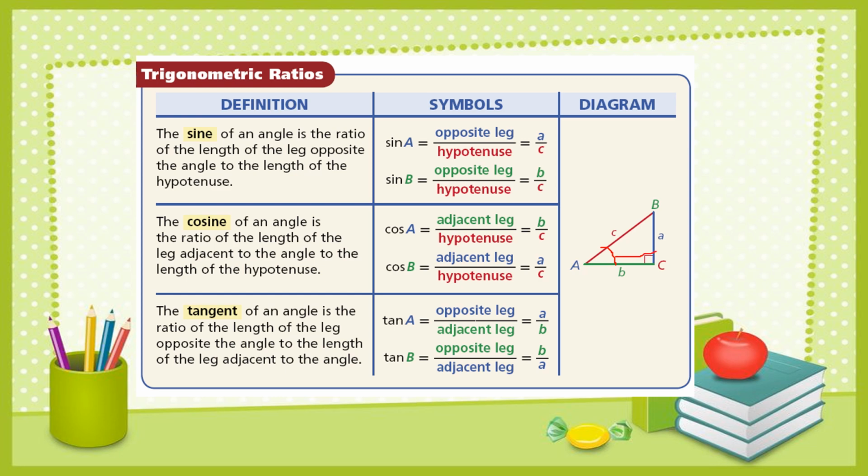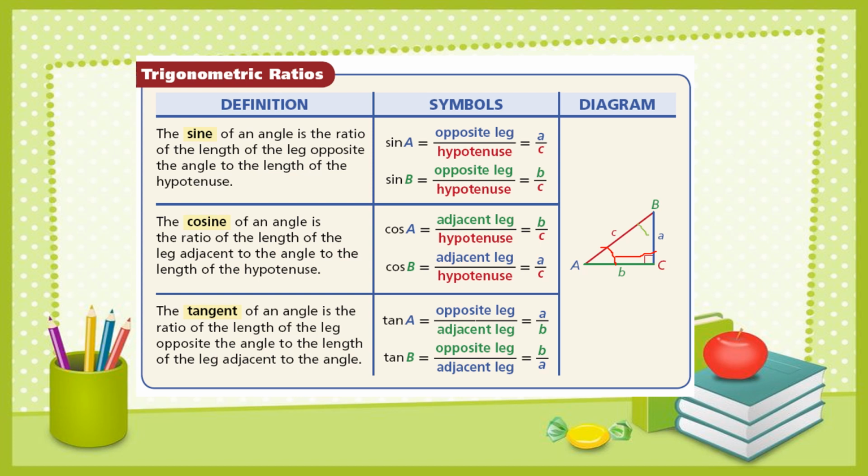This is its opposite, side A. And the hypotenuse, this one is side C. That's the reason why sine A is equal to the opposite leg divided by the hypotenuse, or that is equal to A divided by C.